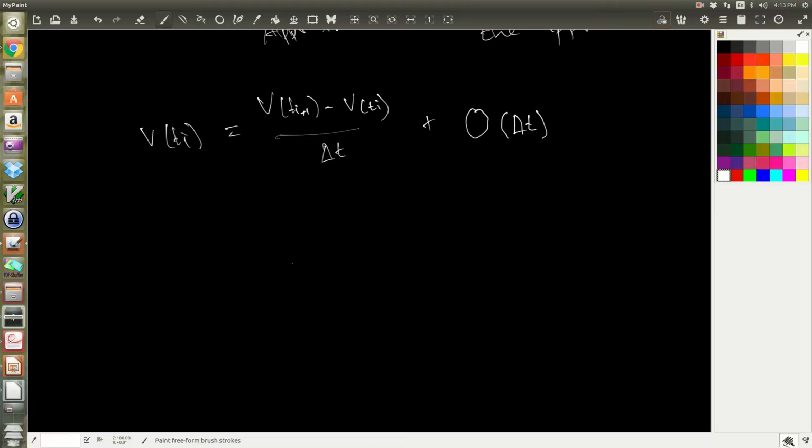So what that means is if the error is proportional to delta t, what happens when I cut delta t in half? I would expect the error to get cut in half as well.